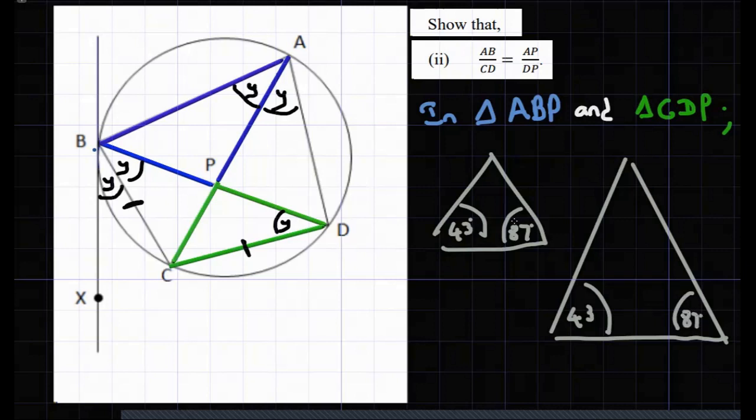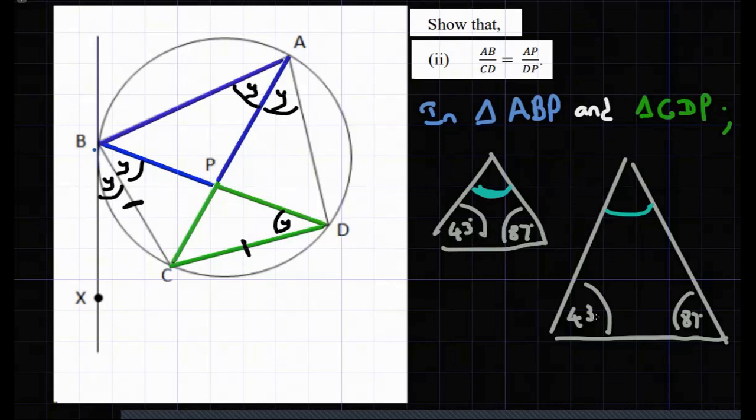Okay, only two angles of each triangle are given. Are these two triangles equiangular? Now, what are equiangular triangles? All three angles of one triangle are equal to all three angles of the other. What does that mean? The same set of angles. But the problem is, in the first triangle, the top angle is missing. In this one too, all right, then are these triangles equiangular?